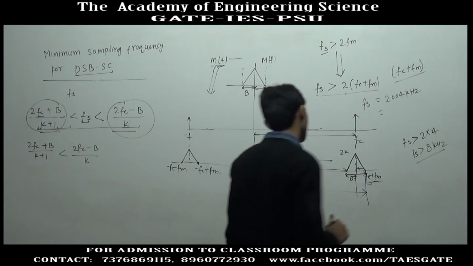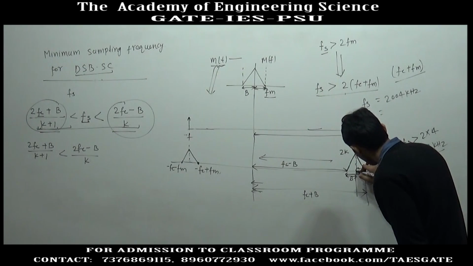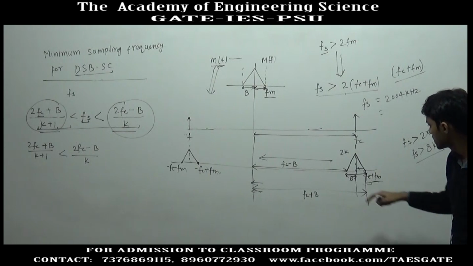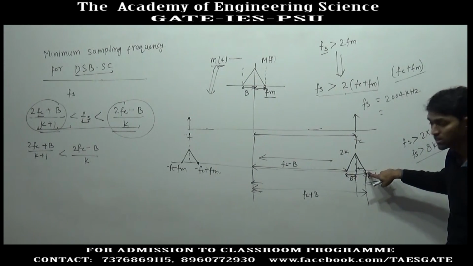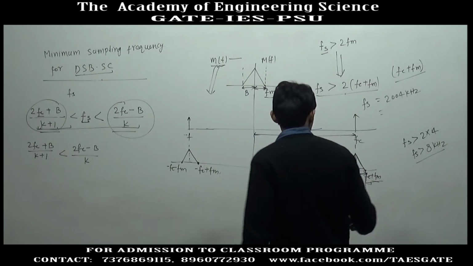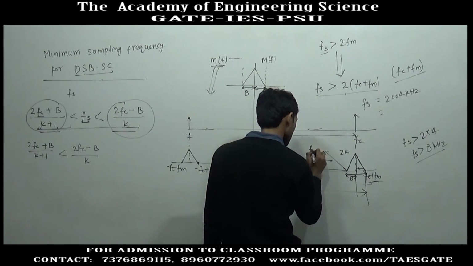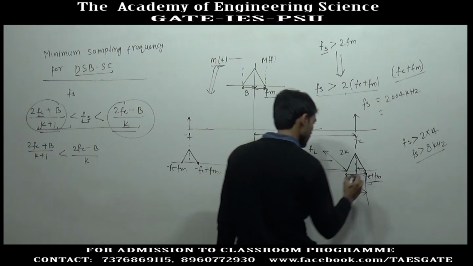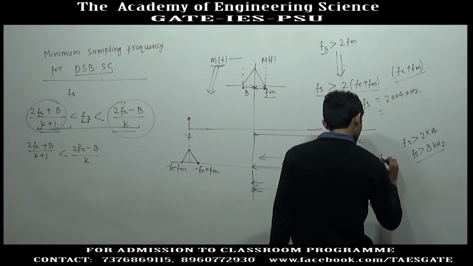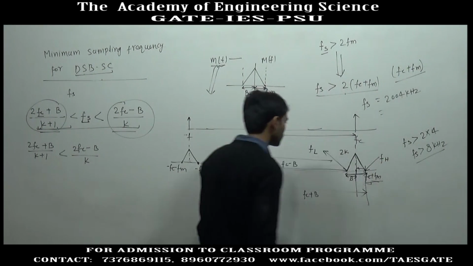So, we will say that the carrier frequency is the average of the minimum frequency and the maximum frequency. Suppose this is the lower frequency and this is the higher frequency.